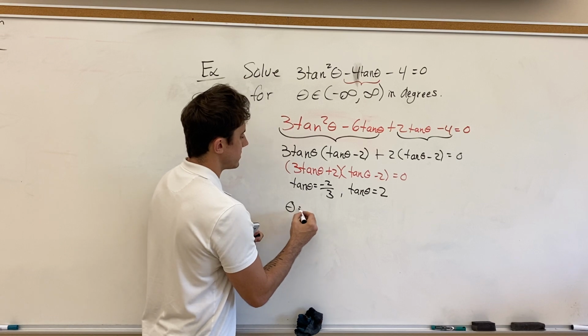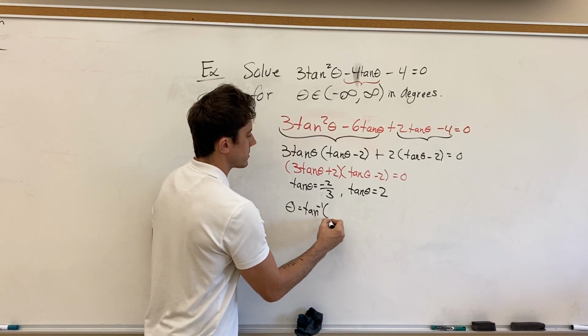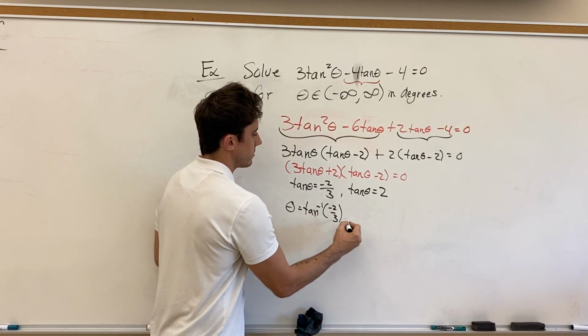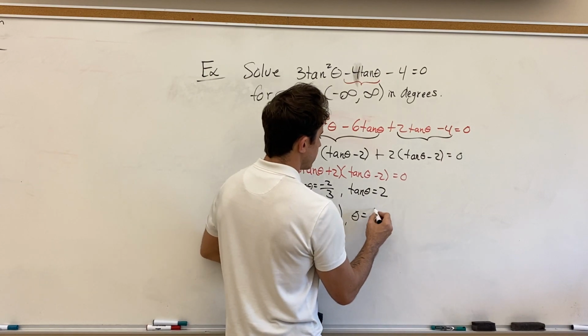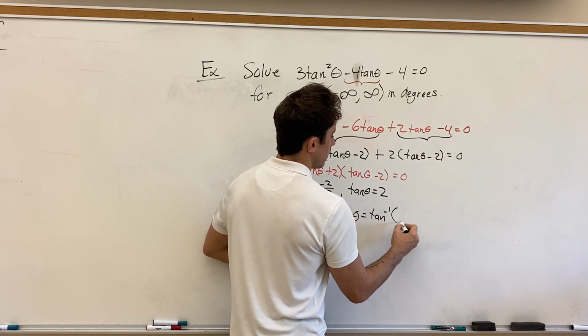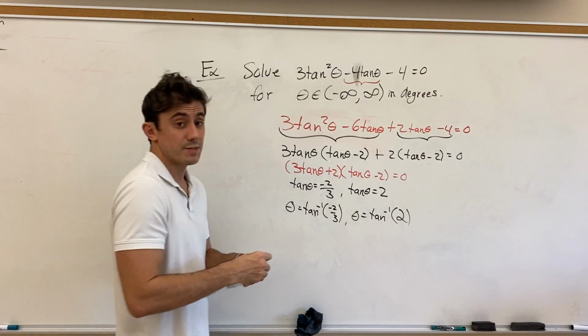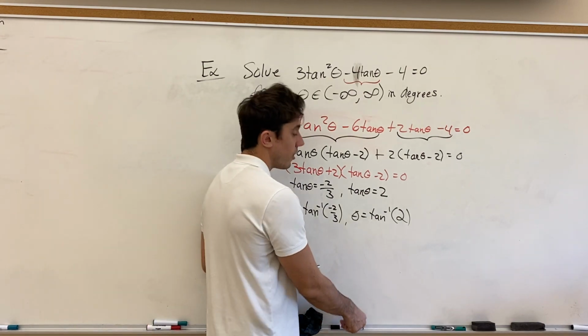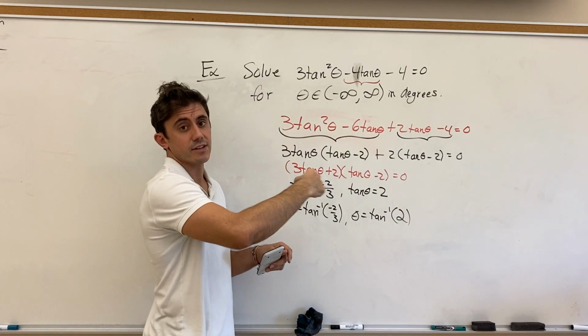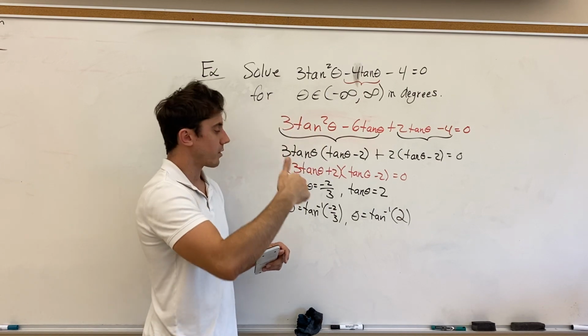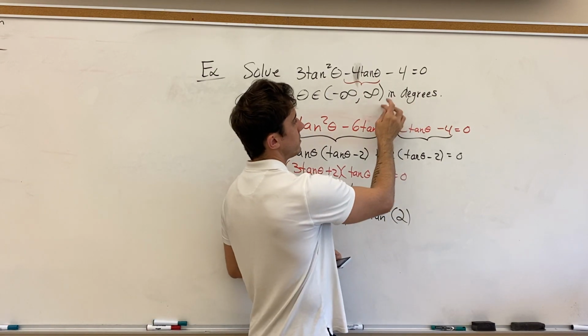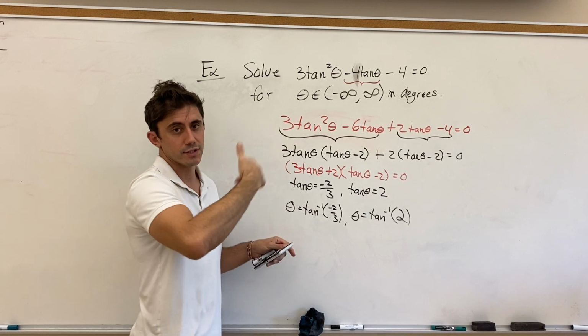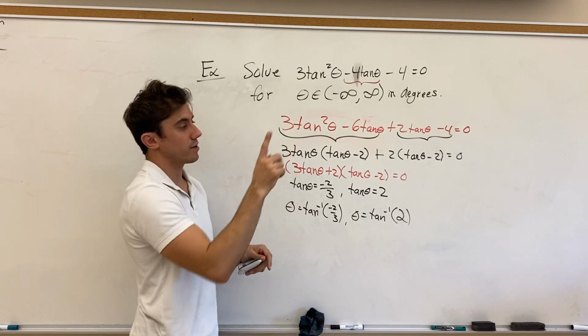So theta is the inverse tan, of course, of negative 2/3, and theta is the inverse tan of 2. Right, now let's be mindful of all of the solutions that are going to exist in all 4 quadrants for our solutions, and then we can consider adding revolutions around the unit circle to get all possible values.